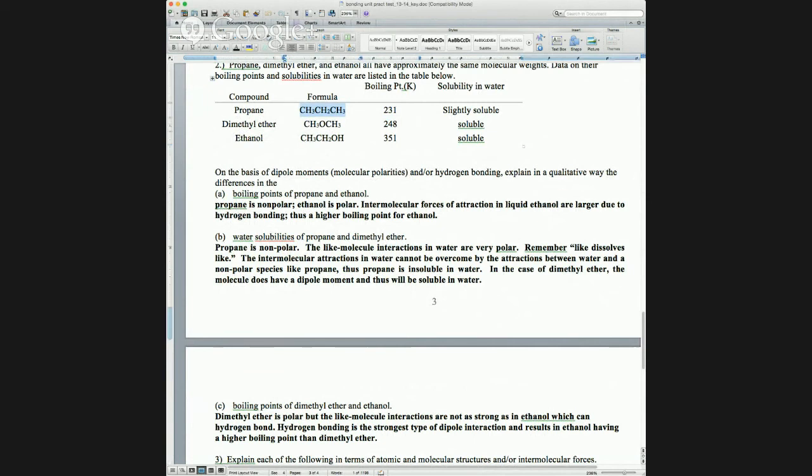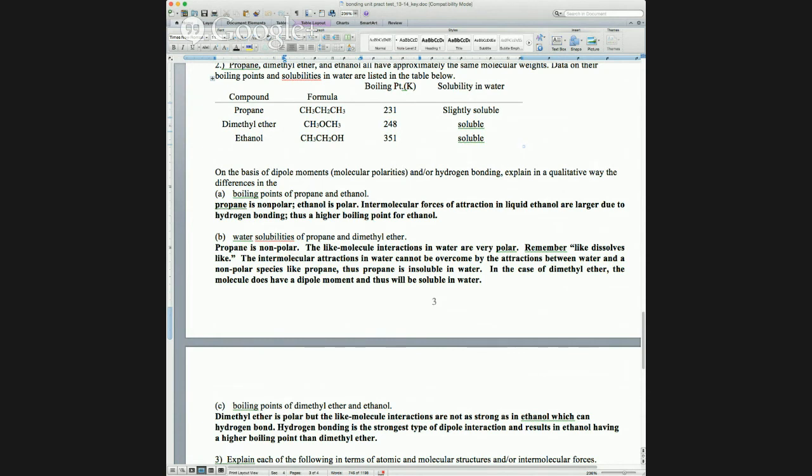It's very nonpolar, so as far as its boiling point, it's only limited dispersion, and it's not soluble in water. And then you have this oxygen in the middle, but it's not bonded to any hydrogens. You have no hydrogen bonding.